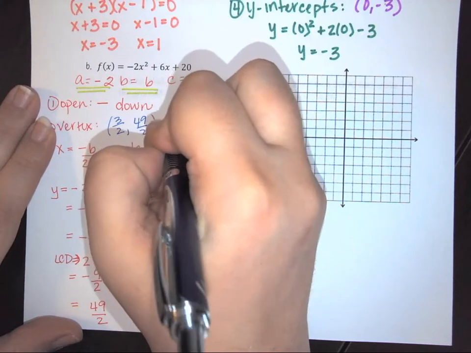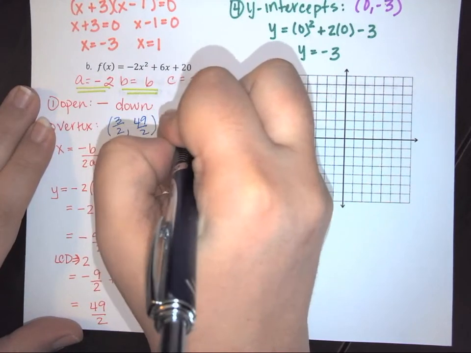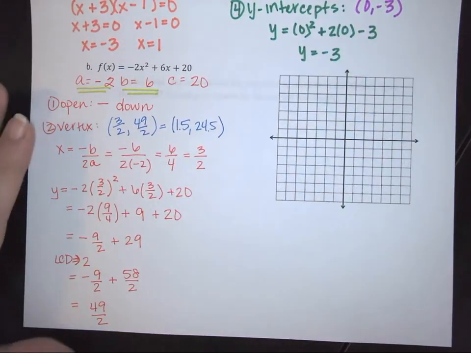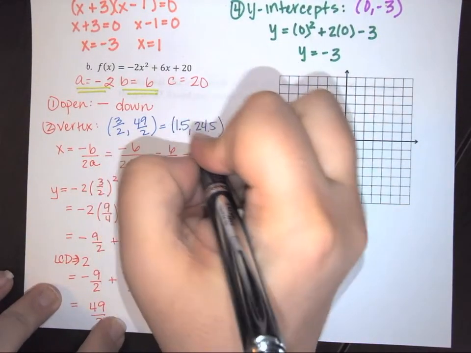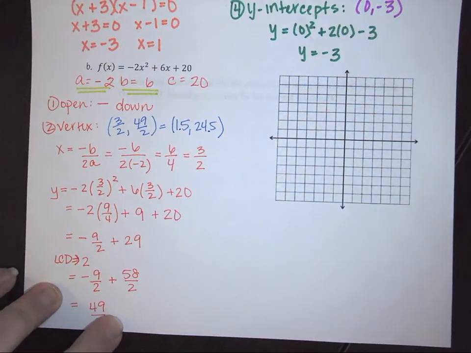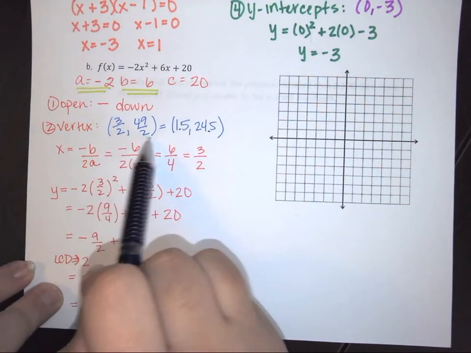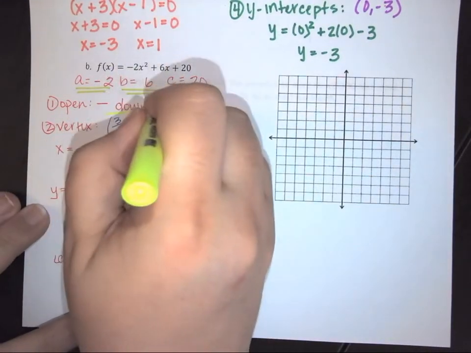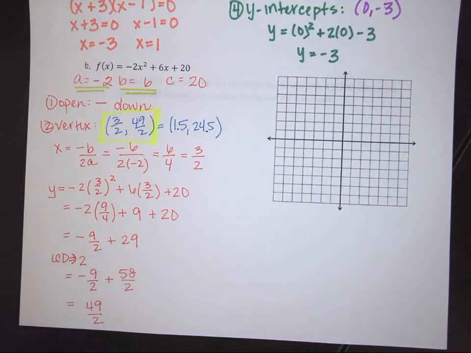So this is the same thing as having 1.5 and 24.5. But in most classes, if you are doing this for a homework assignment, the fraction is what we want to see. So here, this would be the vertex that you would use. You would only use the decimal to help you actually create your graph.